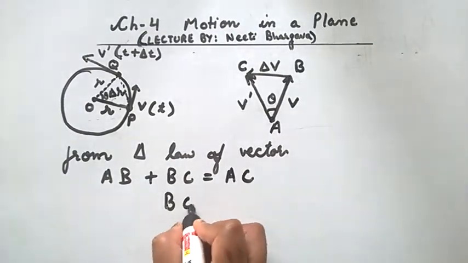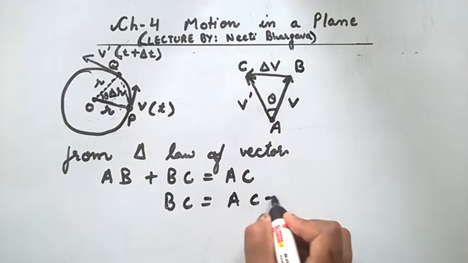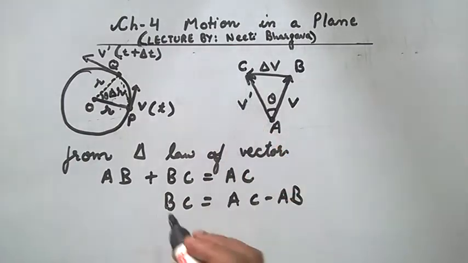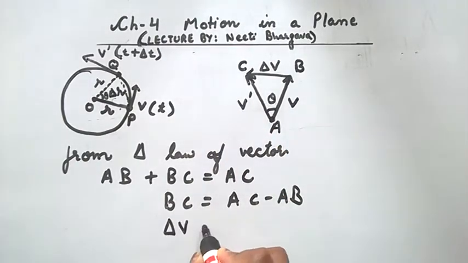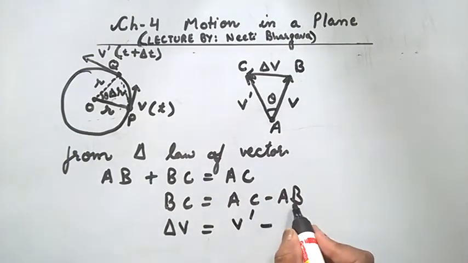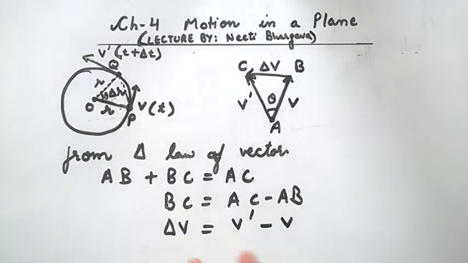Therefore, BC will be AC minus AB. As BC is del V, AC is V dash and AB is V, we get the change of velocity equal to final velocity minus initial velocity.